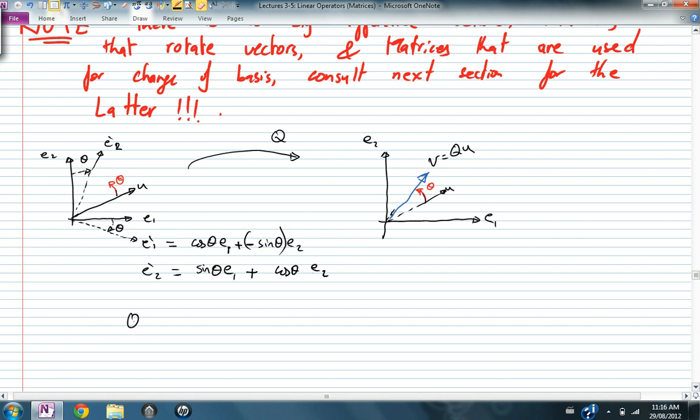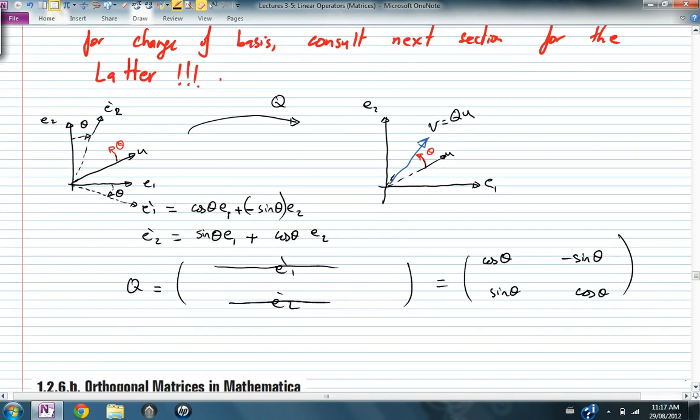and Q is going to be made by E-1 and E-2, which is equal to cosine theta, negative sine theta, sine theta, cosine theta. So this is the procedure. This is how I rotate vectors with an angle theta.